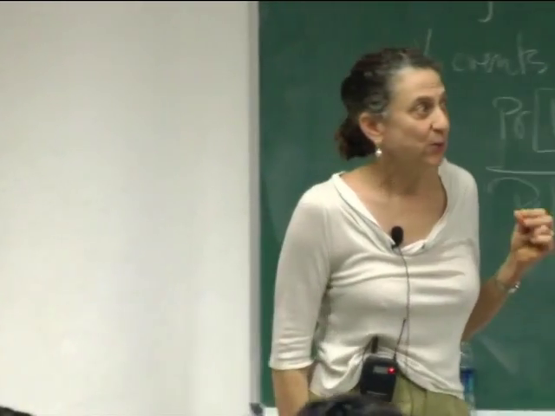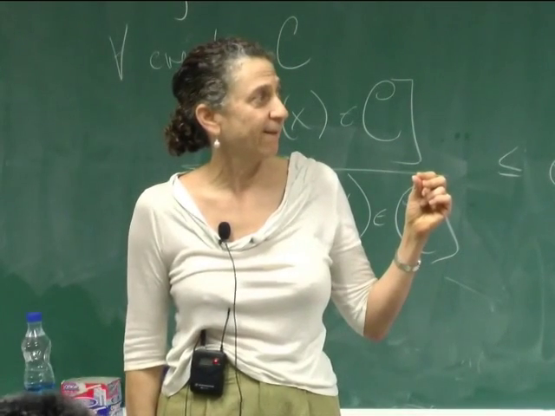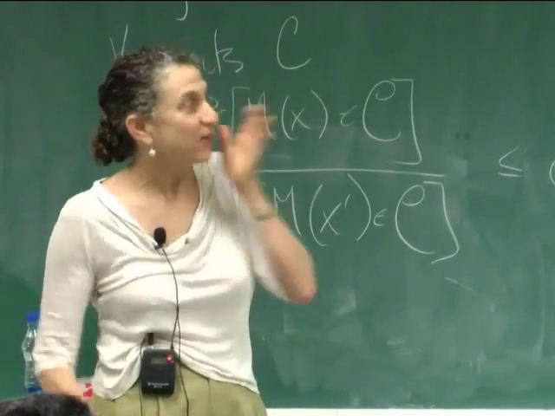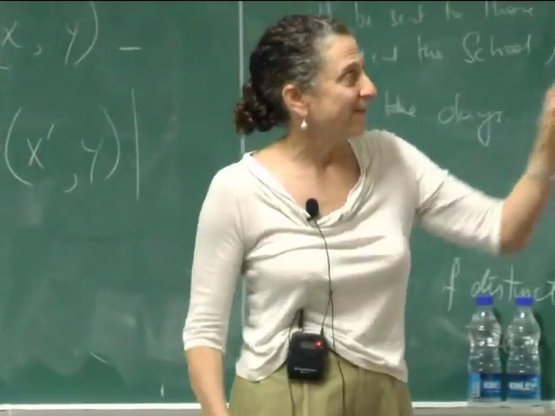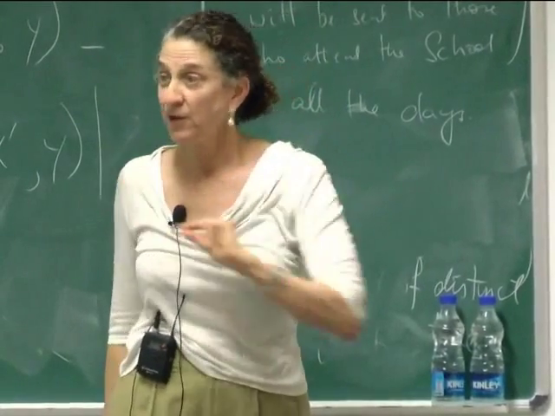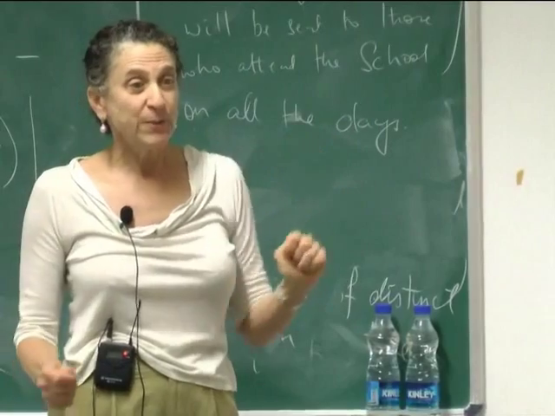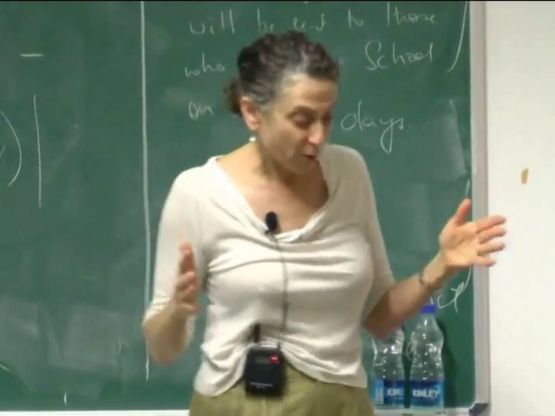And we're going to define the utility for Y. Remember now, Y is a small database. The utility for the small database Y on X to be the negative of the maximum error.